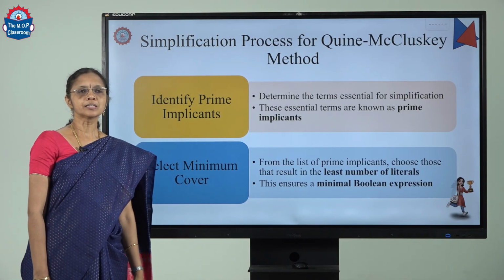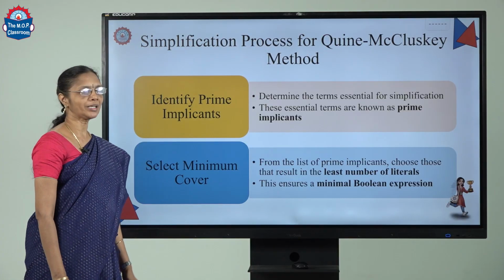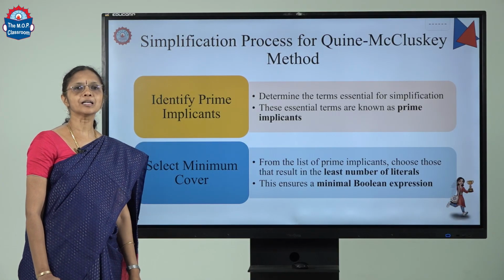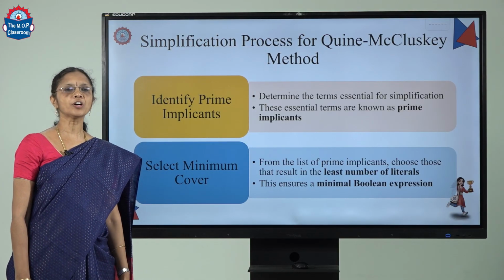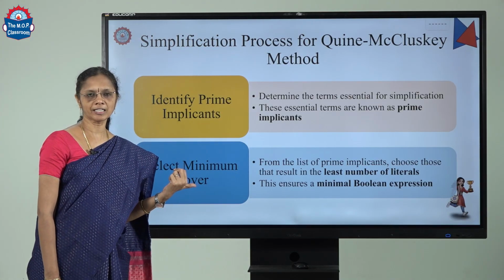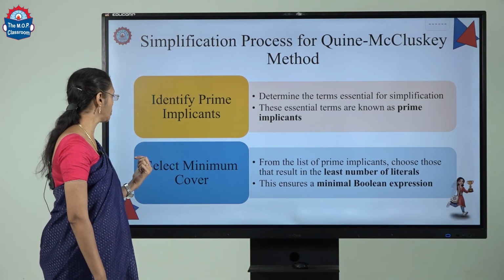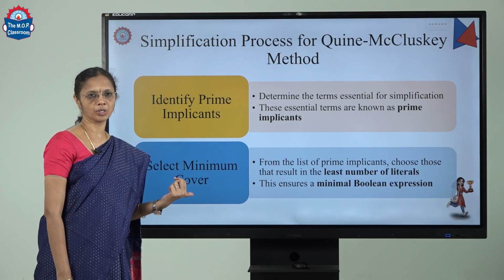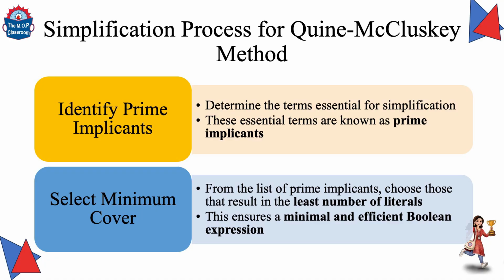Now, the simplification process for the Quine McCluskey method is a two-step process. In the first step, we will see how to identify the prime implicants, and the next step is to select the minimum cover. When we come to the prime implicants, we have to determine the essential terms for simplification.